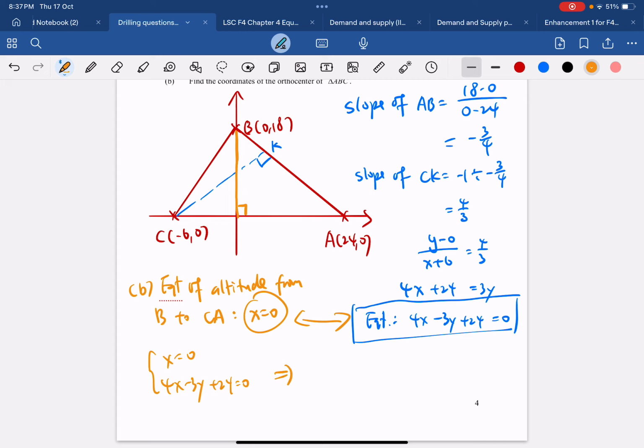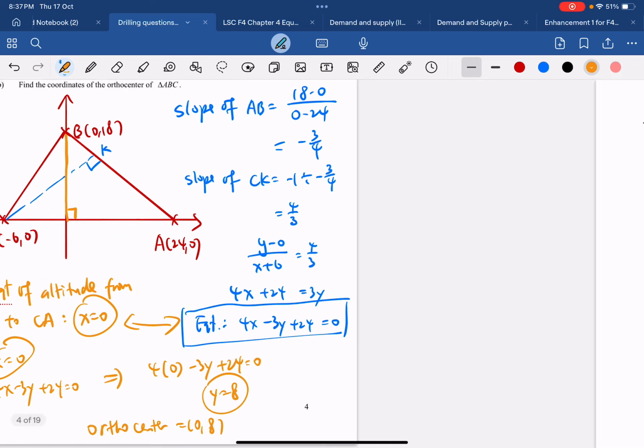Solving this would give you, 4 times 0 minus 3y plus 24 equals 0. So y is 8. So we know x is 0, then y is 8, which means the orthocenter would be (0, 8). Got it?